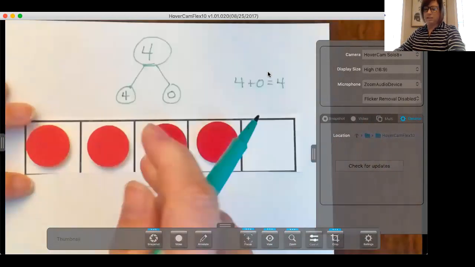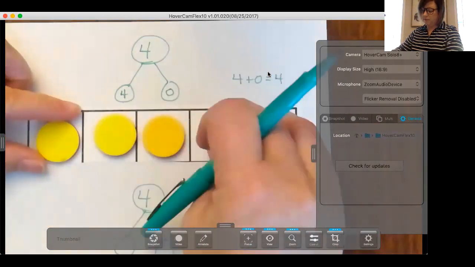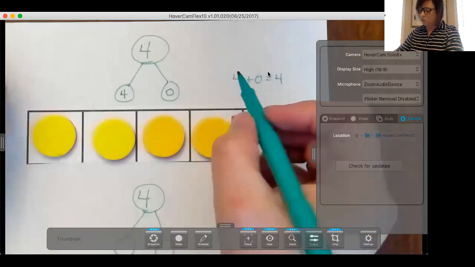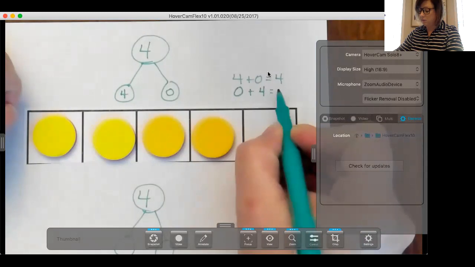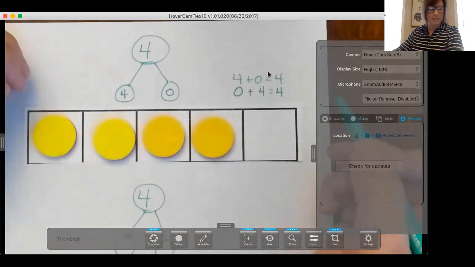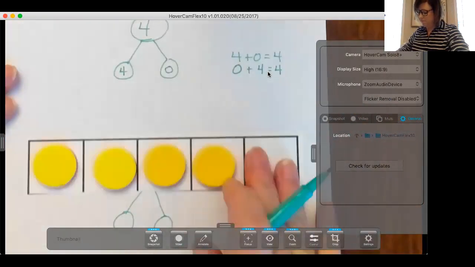And you could reverse this. Okay, we could say that they were all yellow. And it's the same thing, the same sentence. Okay, so we have 0 reds and 4 yellows equals 4, too. Okay, that makes sense? All right, so we're going to move my chart down here.